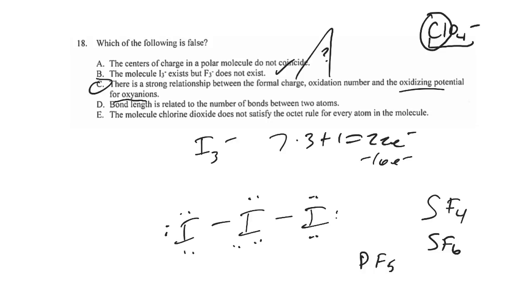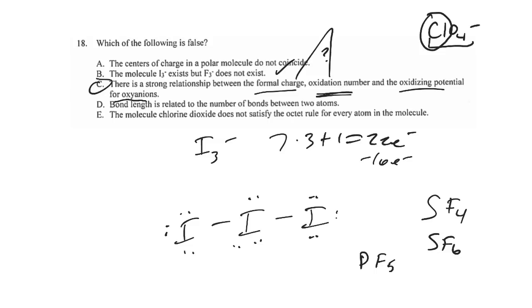So I guess C perhaps is false for that reason. Usually you get a connection between the oxidation number being the same sign as the formal charge, but not necessarily the same magnitude.